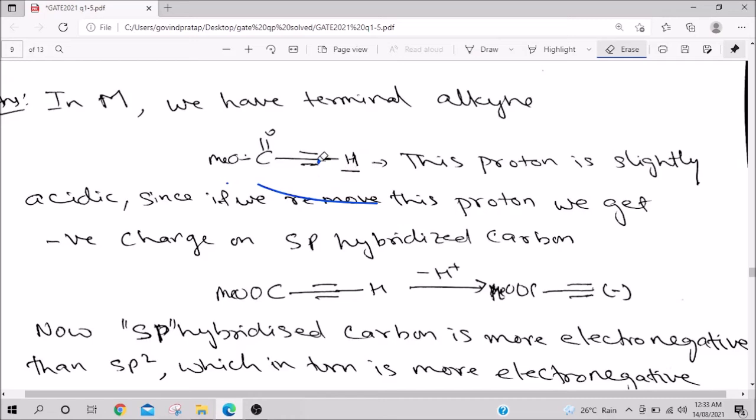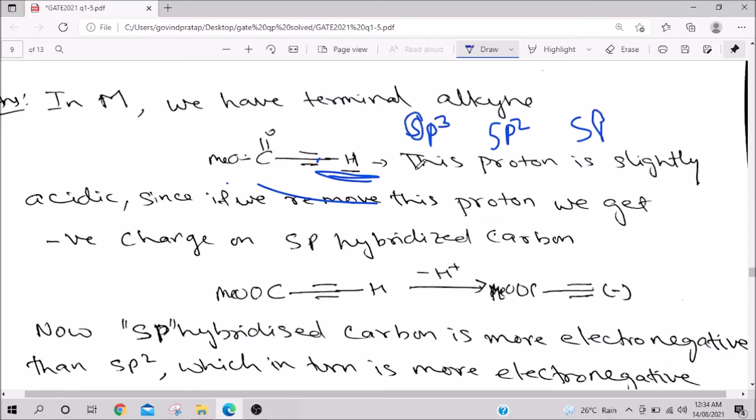Terminal alkynes are very slightly acidic. They are acidic because this carbon is sp hybridized. So, if you see sp3, and then sp2, and then sp, what has happened? This one, how much is the s character?